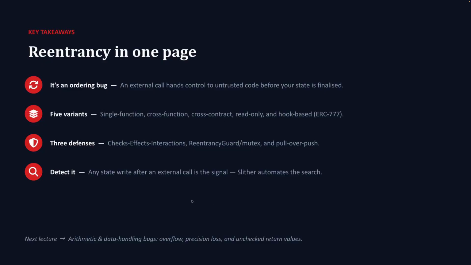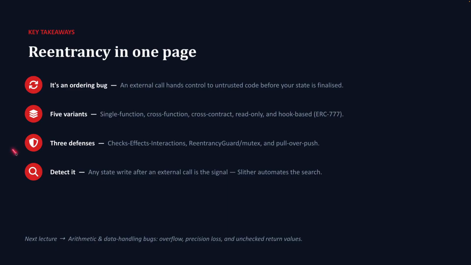Let us summarize the key takeaways from today's lecture. Reentrancy in one page. First, it is an ordering bug. An external call hands control to untrusted code before your state is finalized. Second, we have looked into the 5 variants: single-function reentrancy, cross-function, cross-contract, read-only, and hook-based reentrancy.